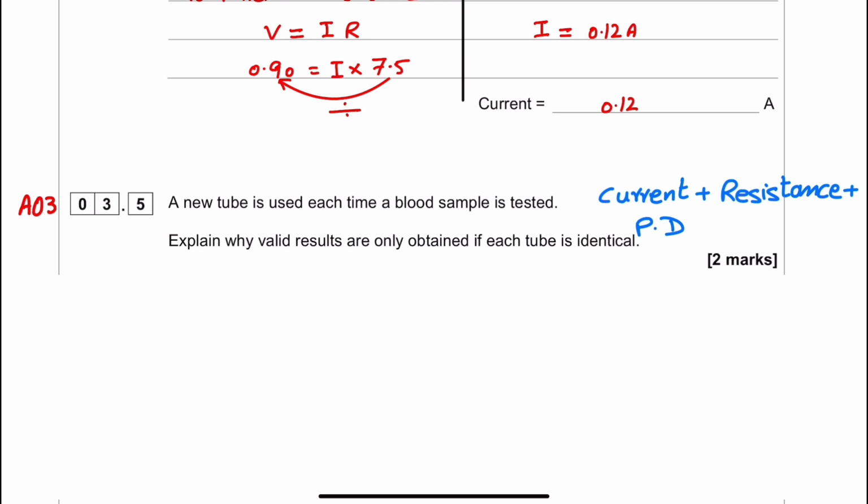The reason is, if the tube which is used for the test is not identical, then it can affect the volume of the blood or it can affect the value of the glucose concentration in the blood. Therefore, every time we need to use an identical test tube for the testing. Let's see the model answer.